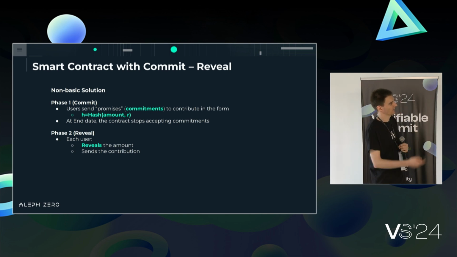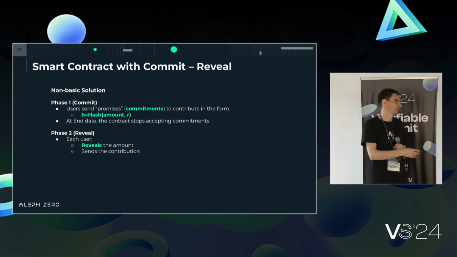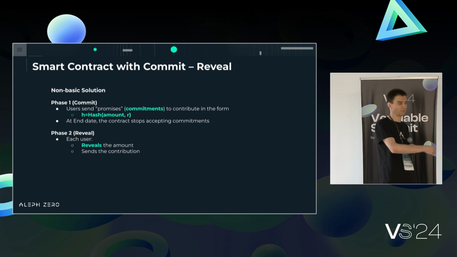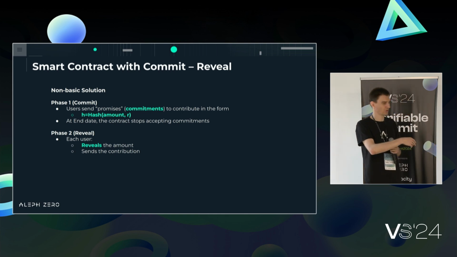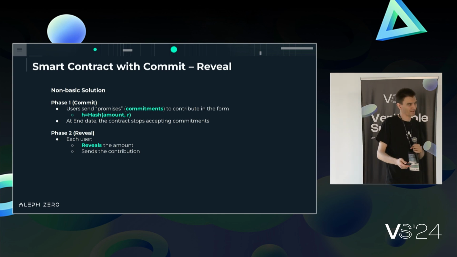You just commit to this amount by, let's say, hashing it with some salt and then sending this to the blockchain. Once the crowdfunding ends, we stop accepting these commitments and then we reveal. We ask each user who actually sent a commitment to reveal the amount and send this particular contribution.